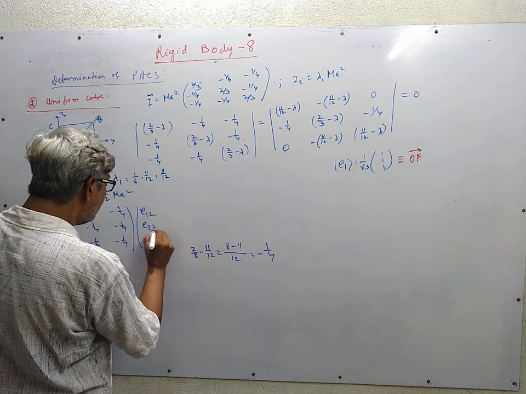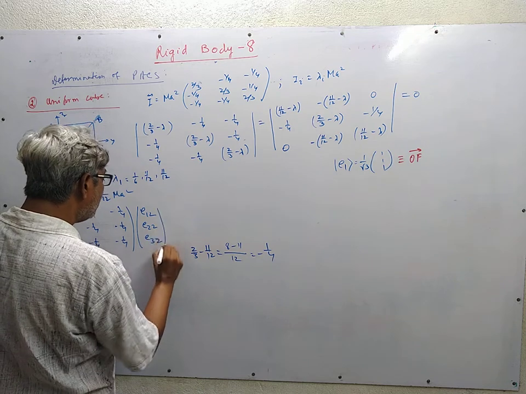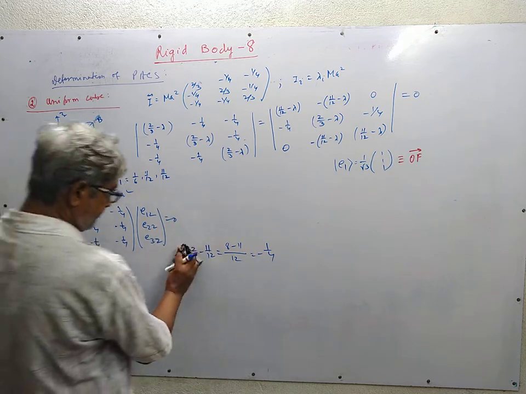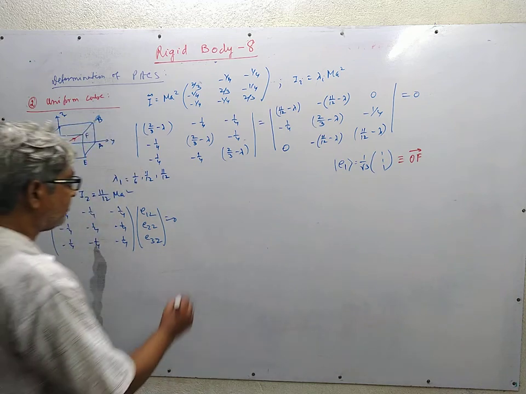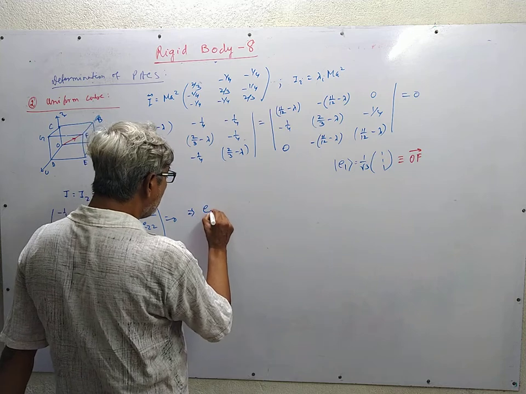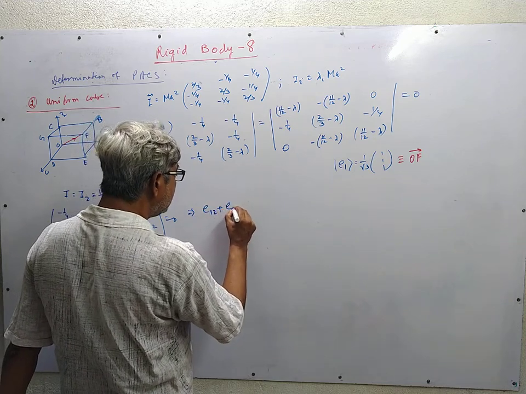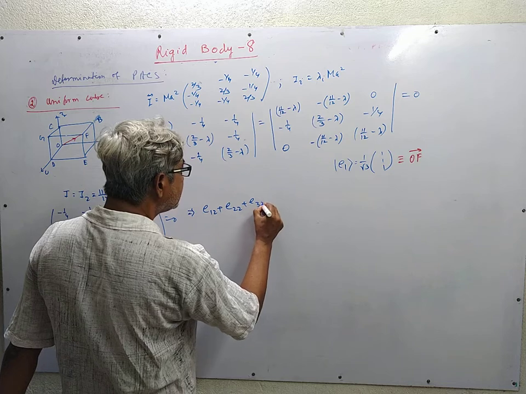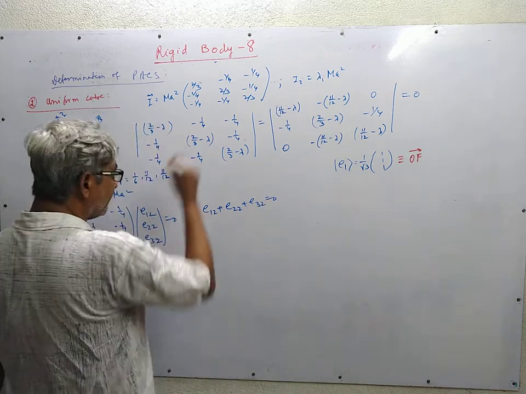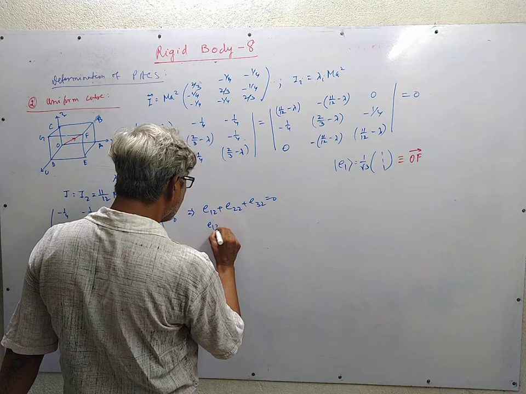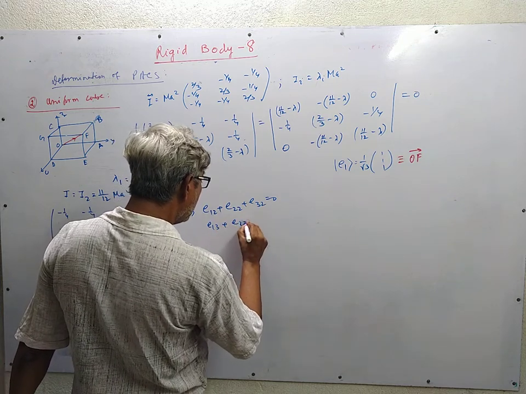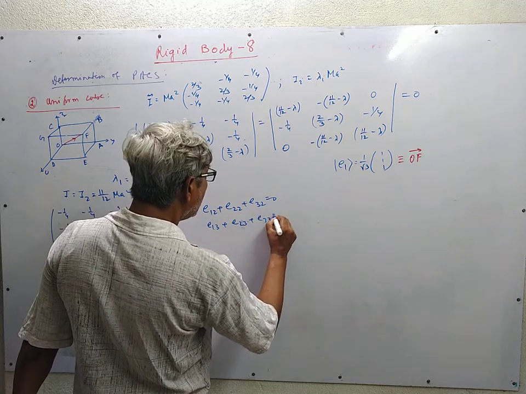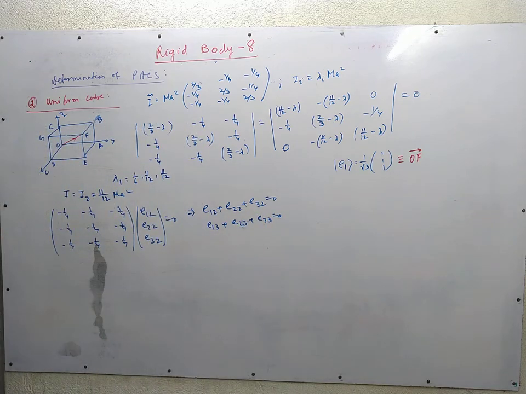E12, E22, E32 is equal to 0. So the relation that we get is E12 plus E22 plus E32 is equal to 0. And for the other one, I will have also this relation.